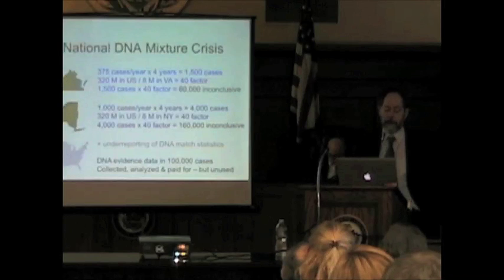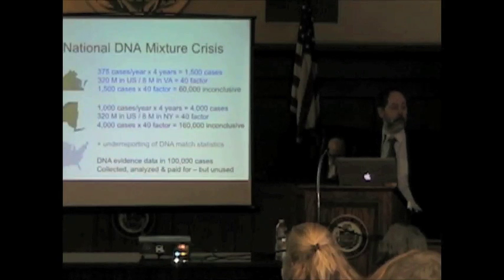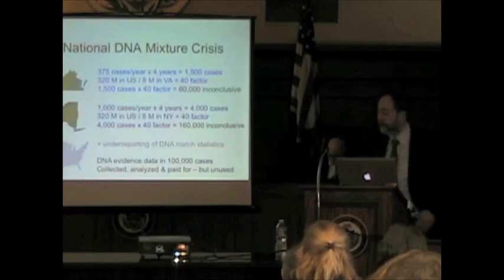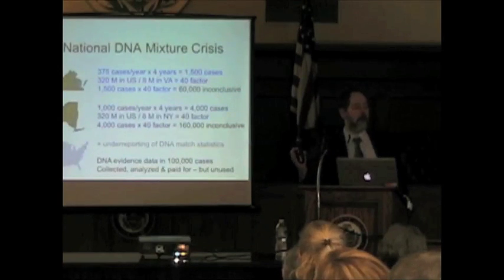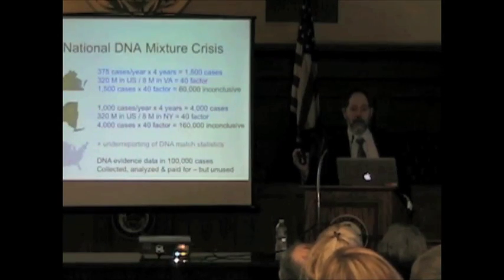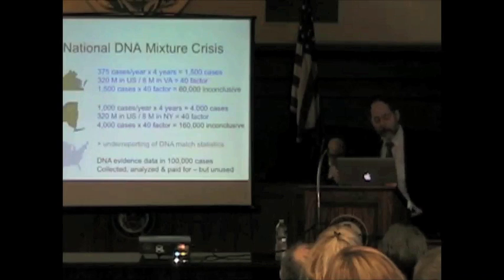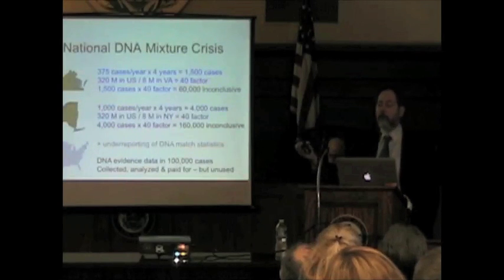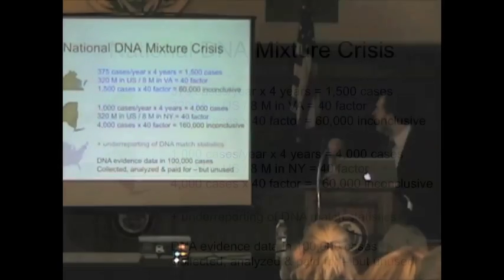Now, there's a problem, and it's not just in Allegheny County, it's around the country and around the world. We made some estimates. You remember that number that I asked you to remember, 375? Right, from the number of cases reported in the Washington Post that were sent back by the lab to the Attorney General saying we can't interpret them before they brought a computer in.